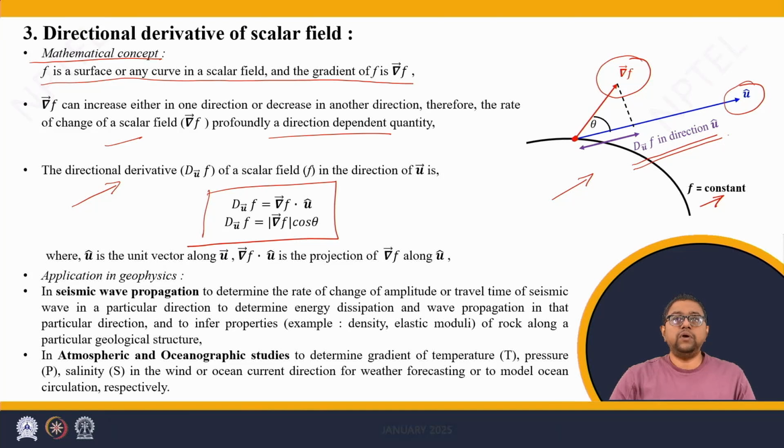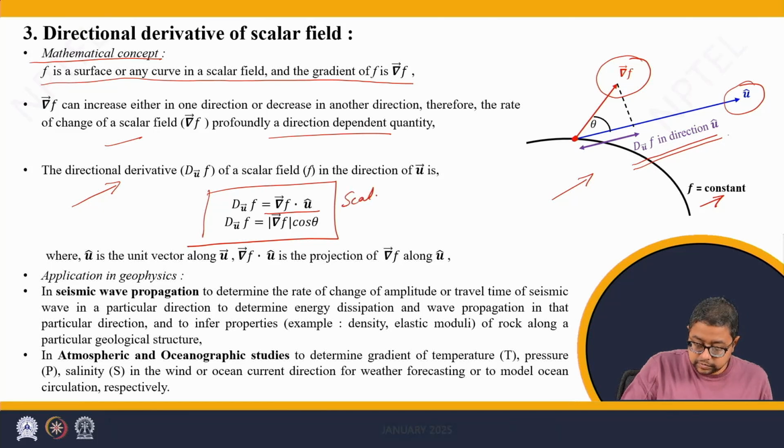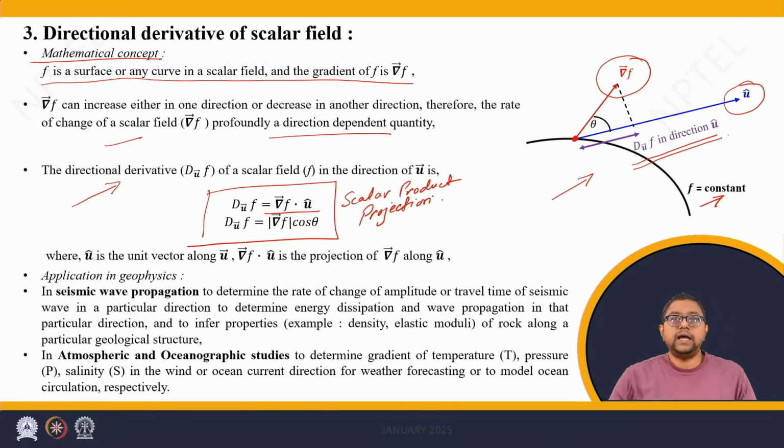Thus, D_u f represents the gradient of the scalar field projected onto the particular chosen direction. This can be simplified as the modulus of the gradient of function f times the cosine of the angle between the chosen direction and the gradient direction.